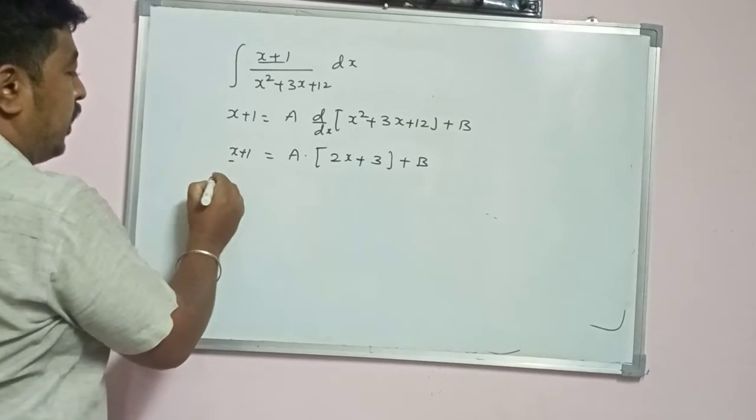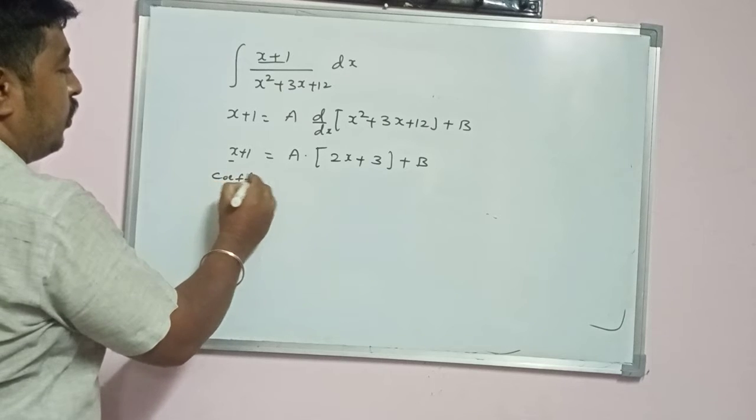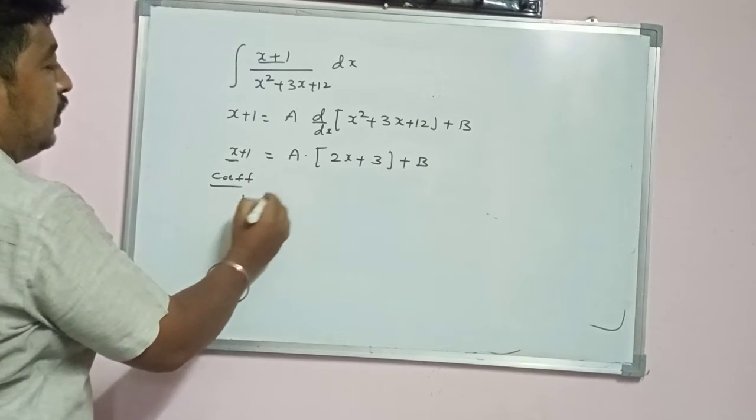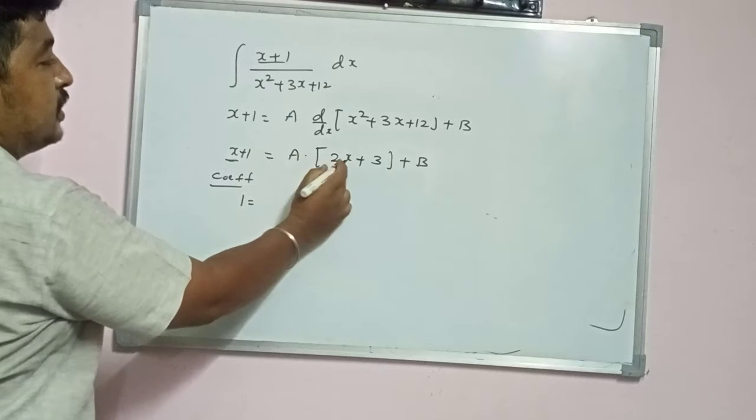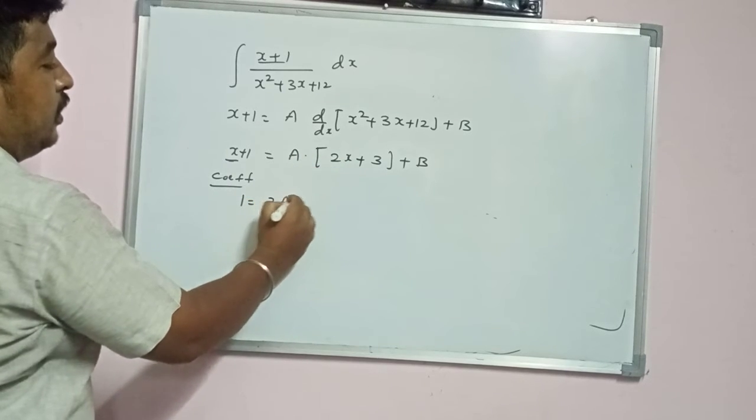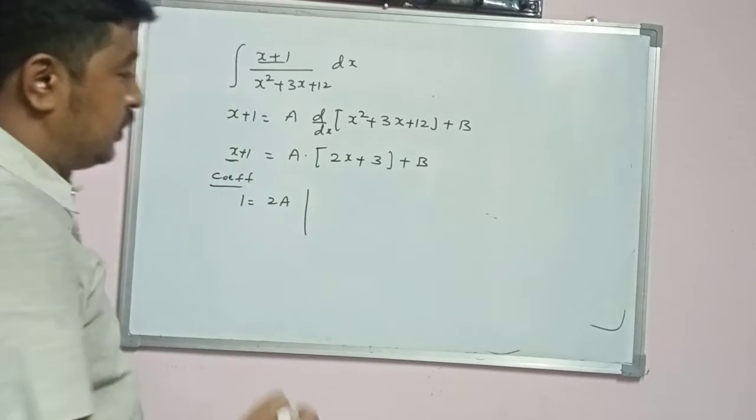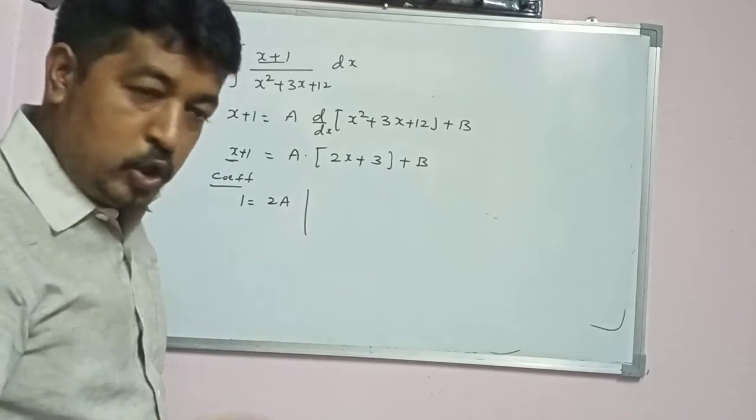Compare the coefficient of x. The coefficient of x is 1 here, and on the other side it is 2 into A, 2A. Now I want to find the constant. Otherwise put x equal to 0 also.